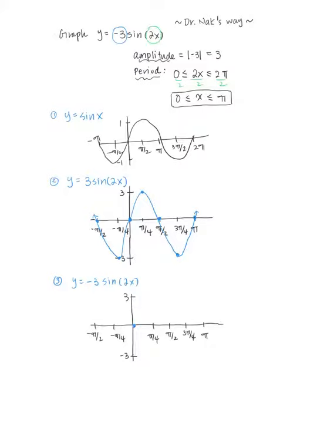So it's going to be 0 instead of positive 3. It's going to go to negative 3, 0, and then like this. And voila, there we go. All right, so that's the graph of y equals negative 3 sine of 2x. You don't have to do it this way if you don't want to. You could just do it step by step if you like. But I just wanted to show you how I would do it.